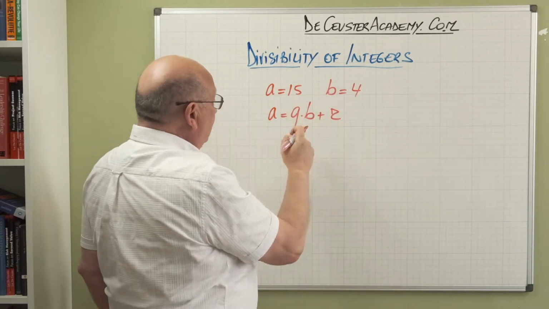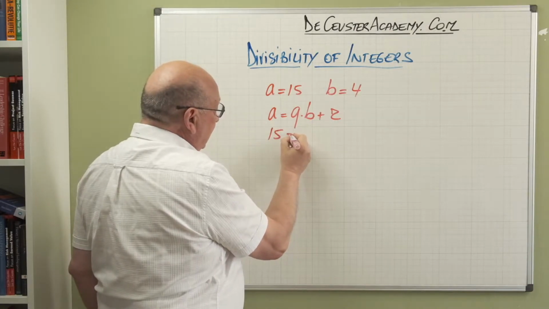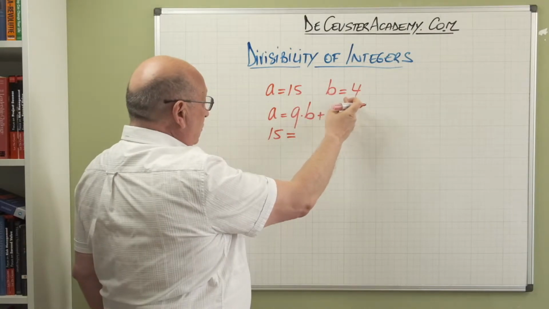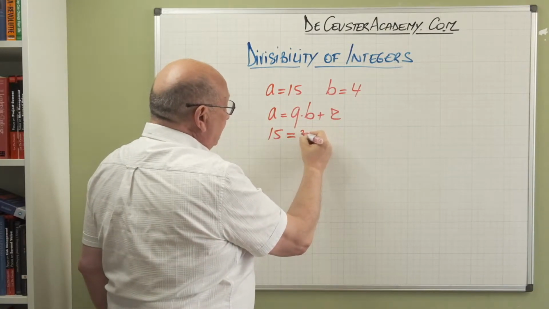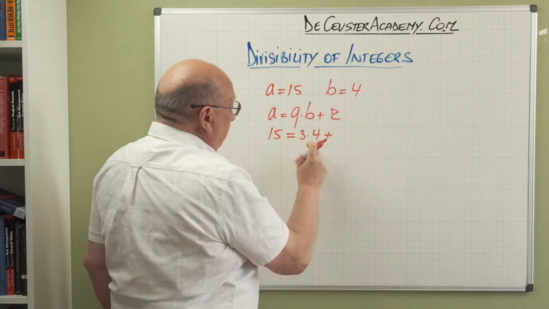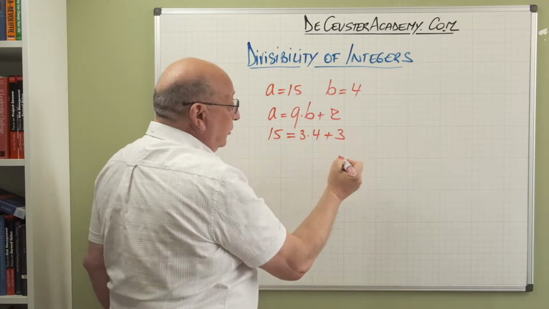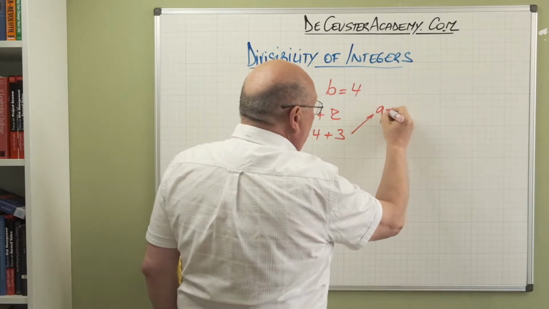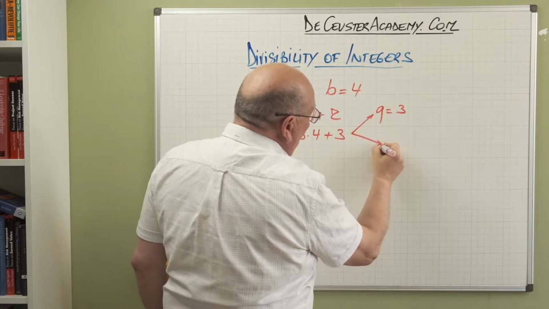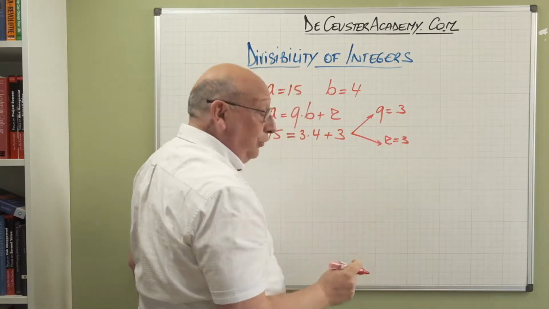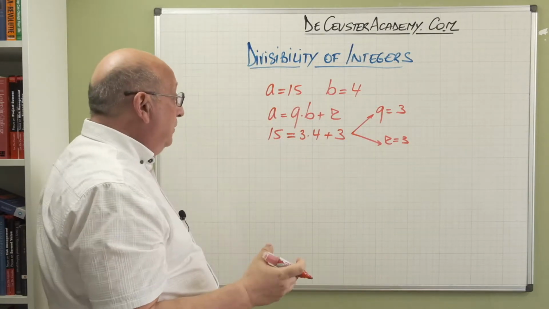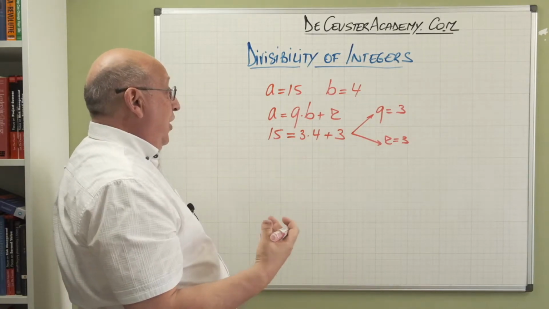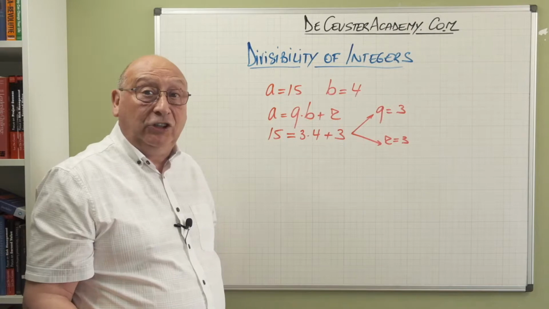When we replace a, we can say 15 is equal to q times b, b is 4, so it's 3 times 4, which is 12, plus a remainder of 3. So basically we can say here that q is equal to 3 and the remainder is also equal to 3. So both of these elements give us those important factors about the division.